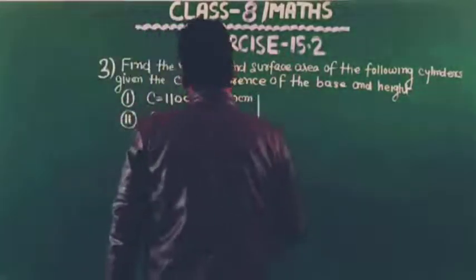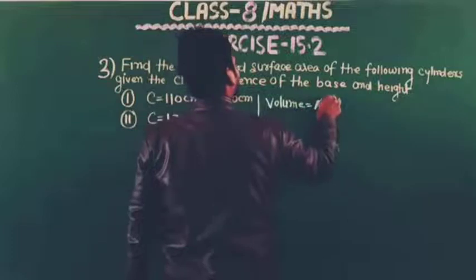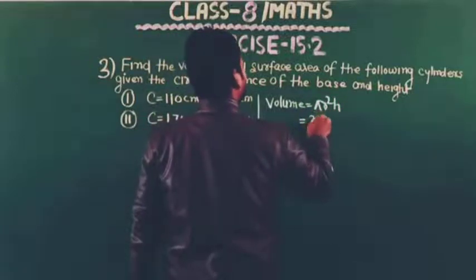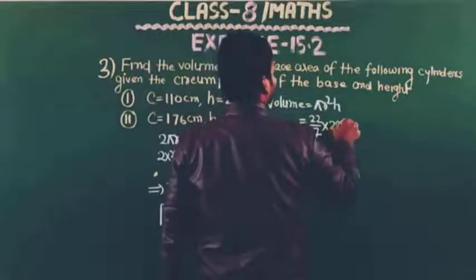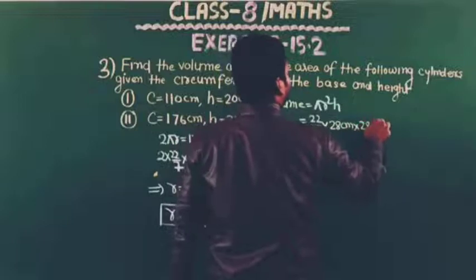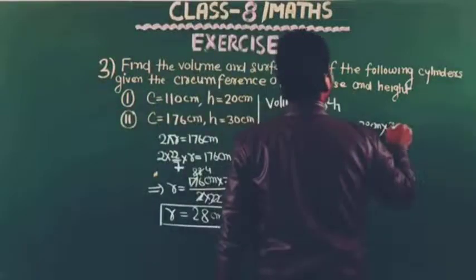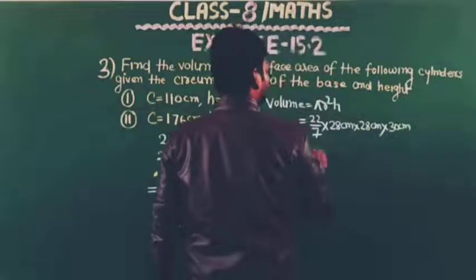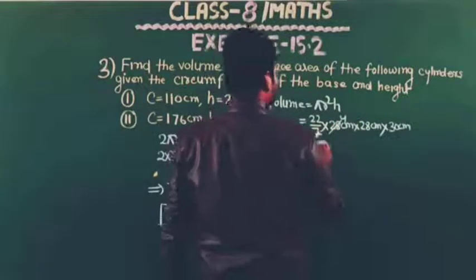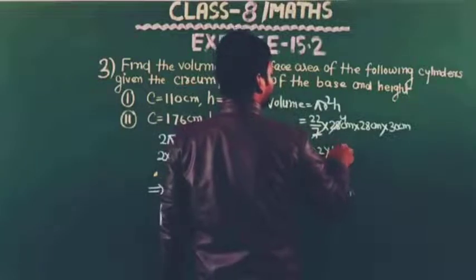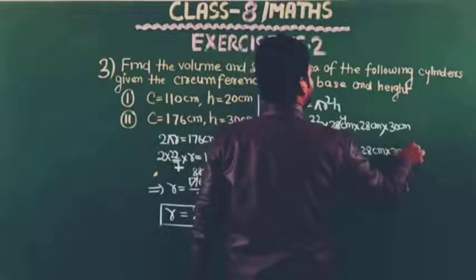Then we have to calculate volume. So volume equal to pi r square h. This is 22 by 7 into radius 28 centimeter into 28 centimeter and height 30 centimeter. Then divide 28 by 7, 4 times, and the remaining numbers 22 into 4 centimeter into 28 centimeter into 30 centimeter.